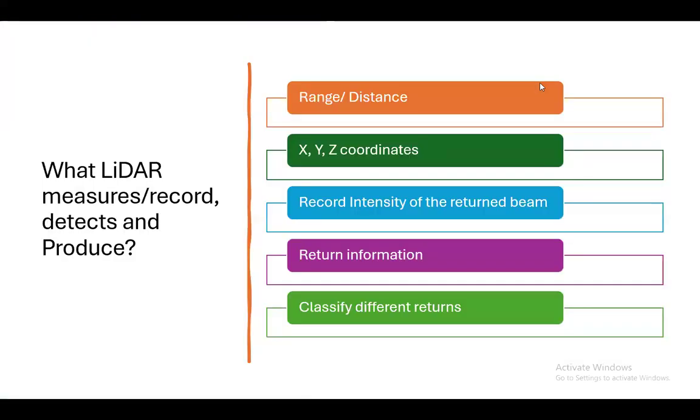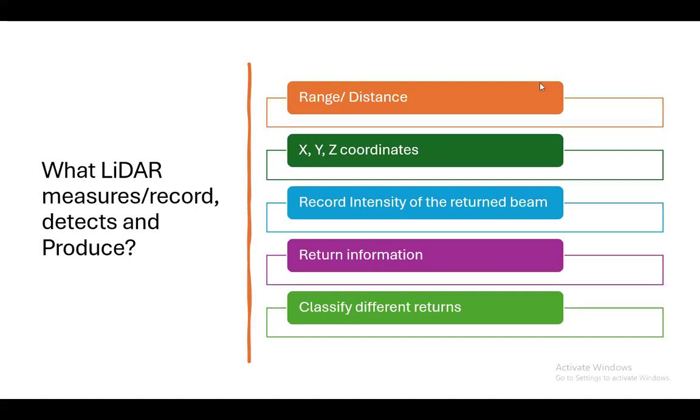Now, what LiDAR actually measures, records, detects, and produces. LiDAR measures the distance. That is why it is called ranging. Then it estimates X, Y, and Z coordinates. It records the intensity of the return beam.